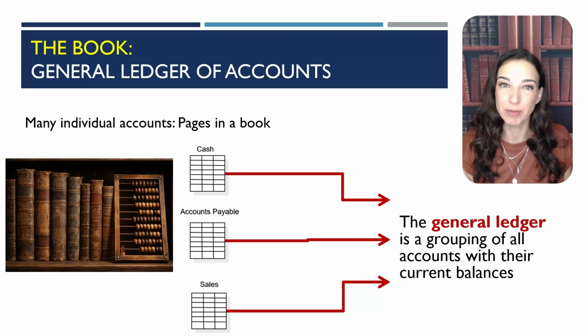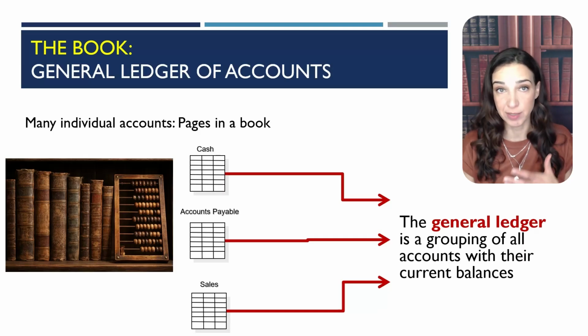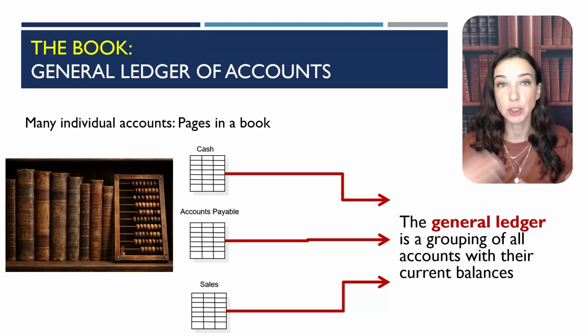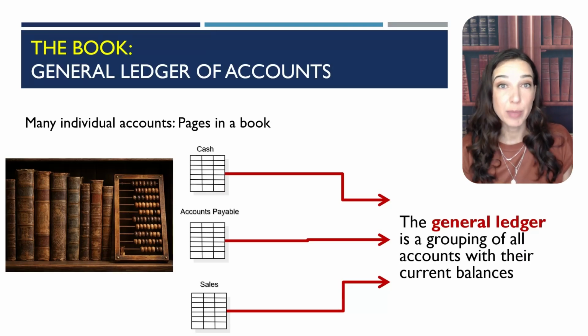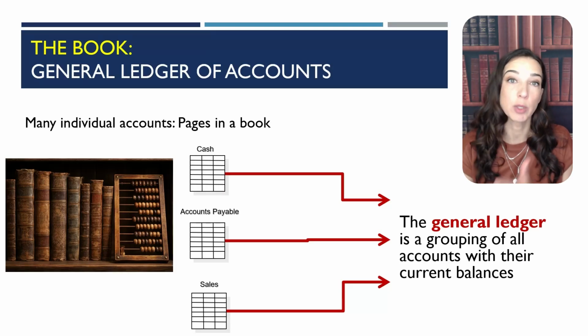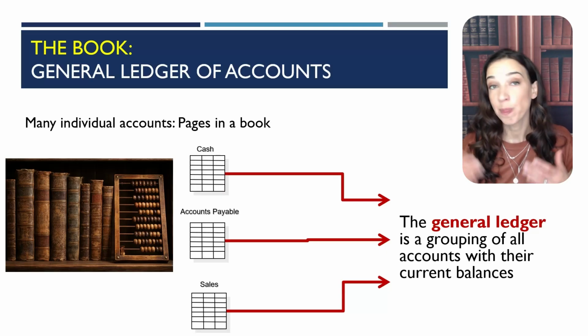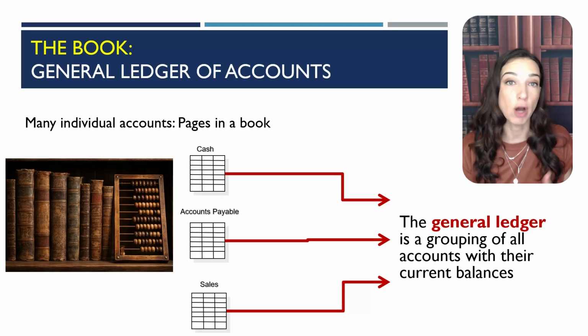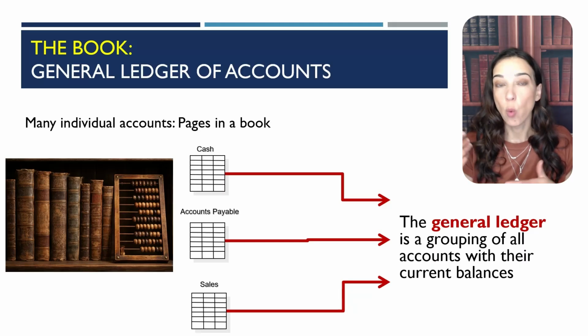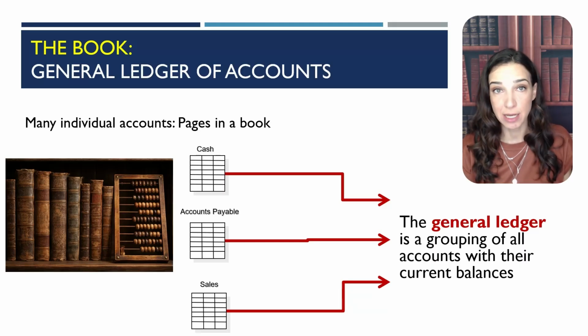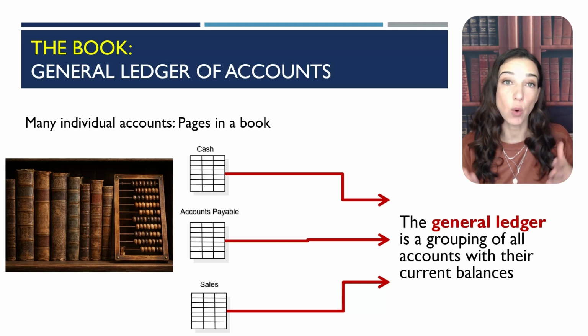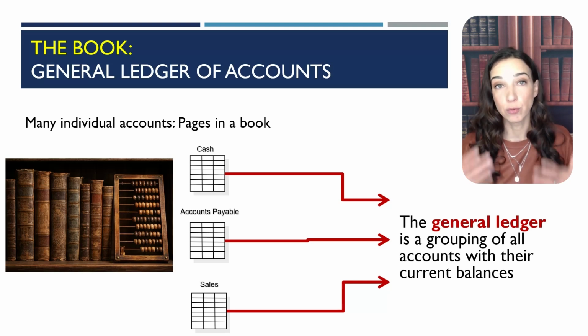Back in the day, you would have a book of accounts, and every single page was designated for a specific account. So you have a page for cash, you have a page for liabilities, such as accounts payable on one page, long-term debt, borrowings on another page, etc. You have a page for each of your income statement accounts as well. You have one page for sales, one page for interest expense, etc. And on those pages, you always see a current running total.